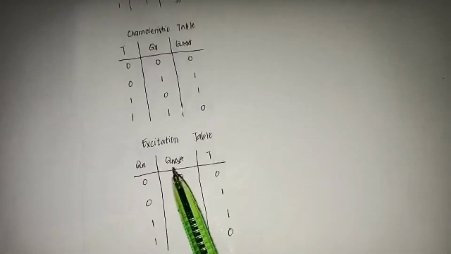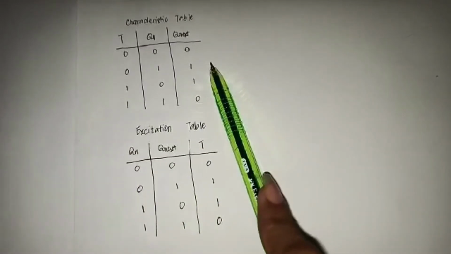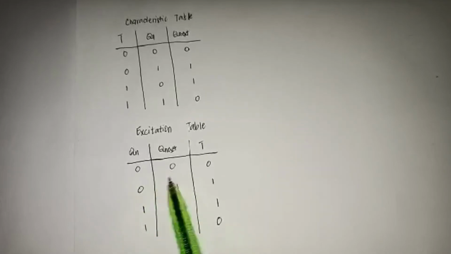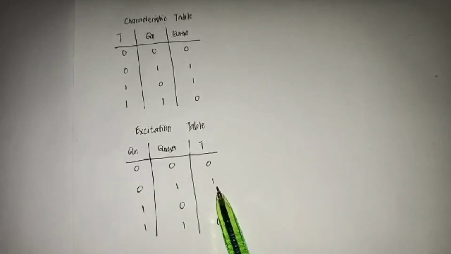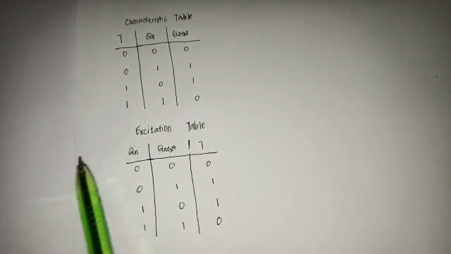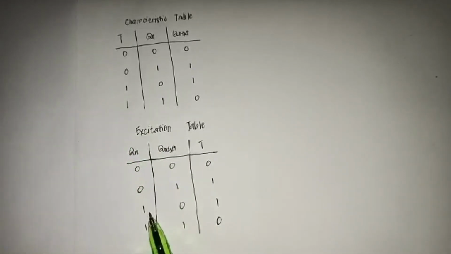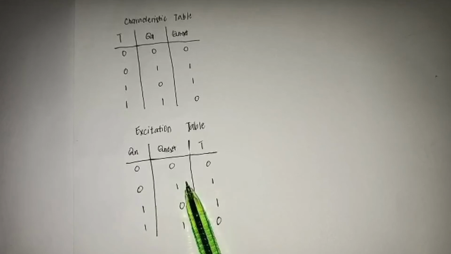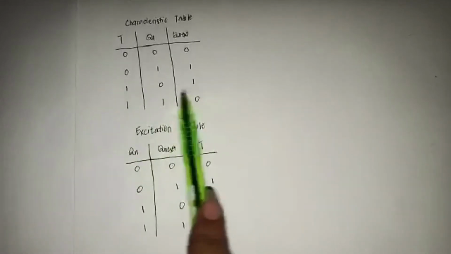Next is the excitation table, which comes from the characteristic table. As you can see here, if T is 0, the present output and the final output are still 0. Next, T is 1 or high, where the present and final output is 0, 1, which is this one here.